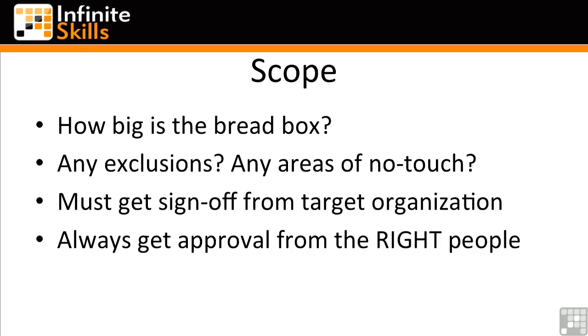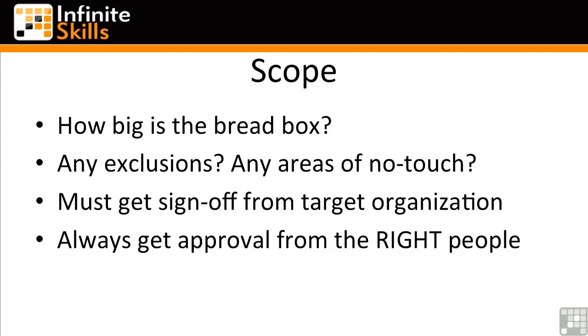And if they exclude them, trust their reasons and listen to what they have to say in terms of this is what we want you to accomplish. So along those lines, you really need to get sign-off from the target organization. We've talked about this before. This is certainly all about ethics and trust, and it's also about legality, because if you do something that you don't have permission to do, you could be prosecuted for that.